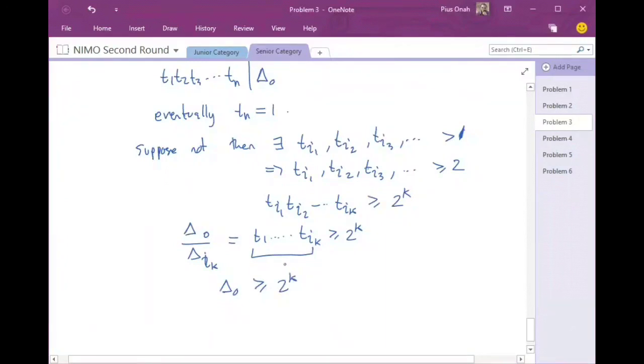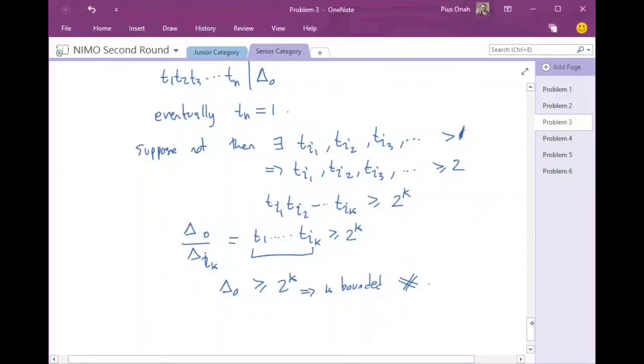So we cannot have infinitely many such k's. These are bounded, so we have a contradiction. We have exhausted all the factors from delta 0.